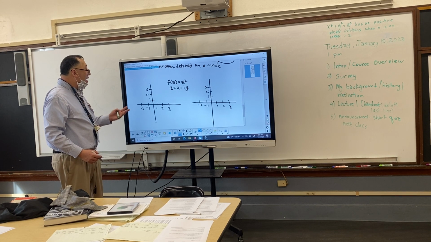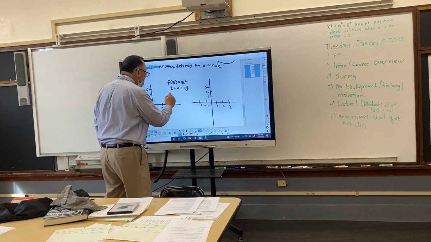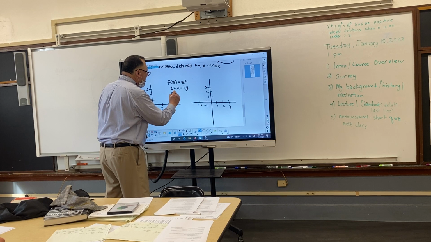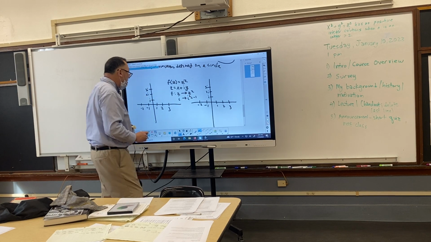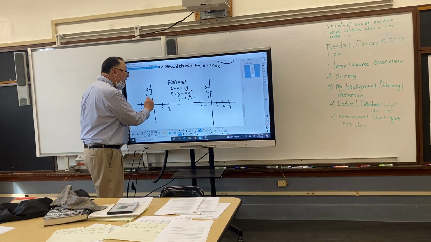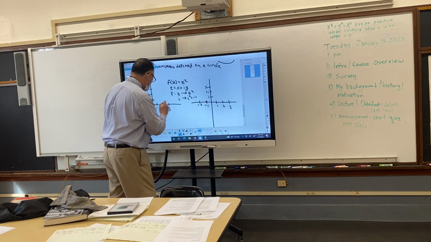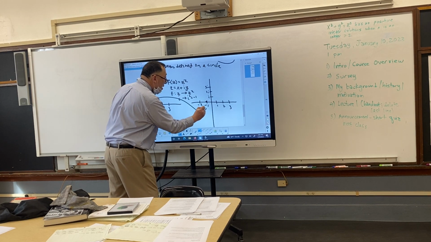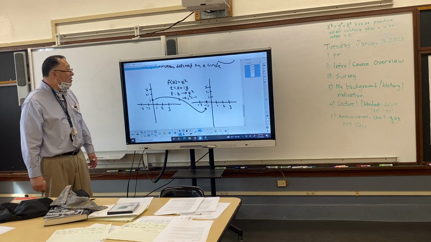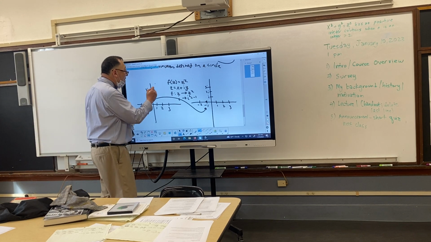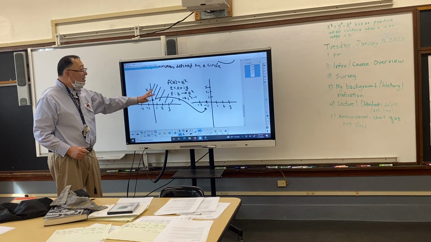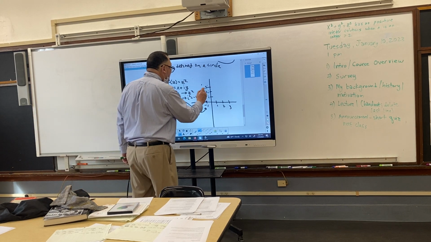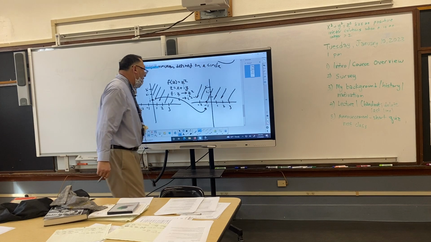So let's take i, for instance. What does i map to? If f takes z to z squared, then it takes i to i squared, which equals -1. So it takes this point i and maps it to this point here. Moreover, I could take the points in the first quadrant, and they are going to map to the upper half plane.